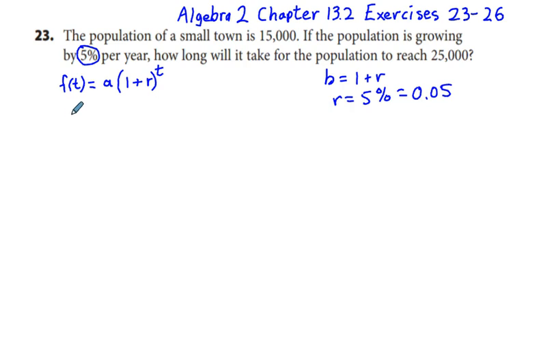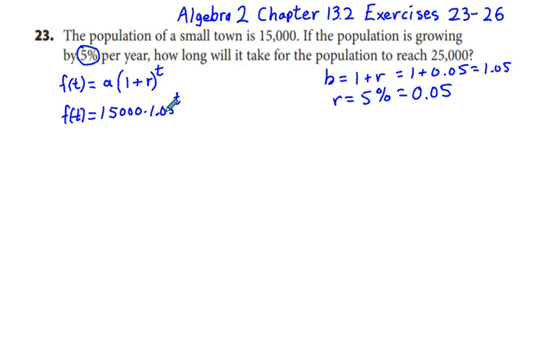So our function here is going to end up being f of t equals our starting value, which is 15,000, times our base. Well, in this case, our base is 1 plus 0.05, which equals 1.05. So we have our base of 1.05 to the power of t.